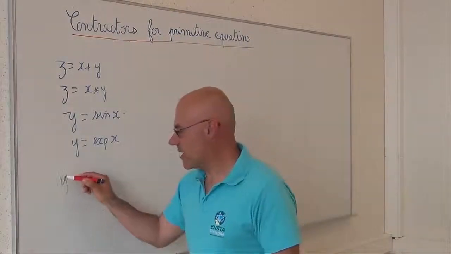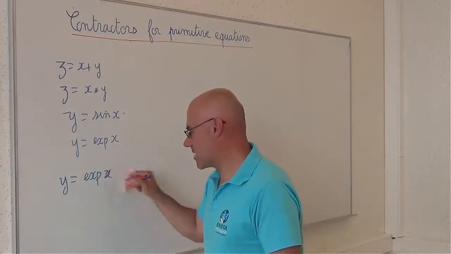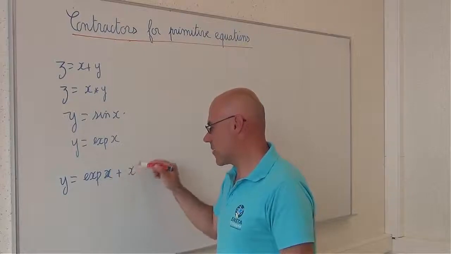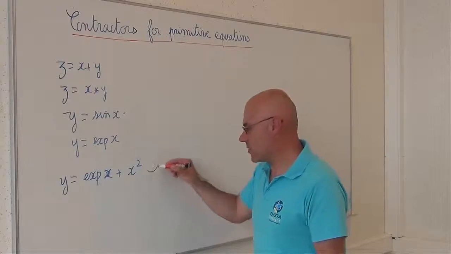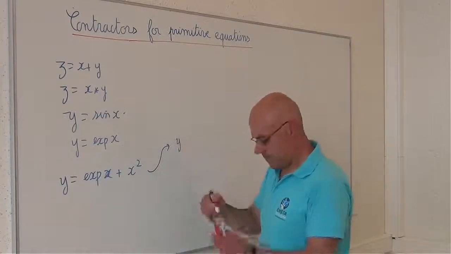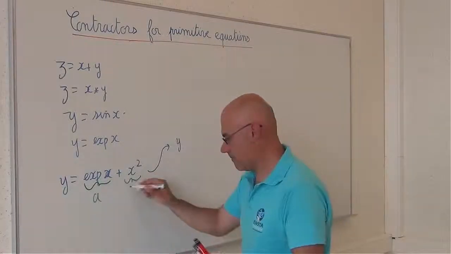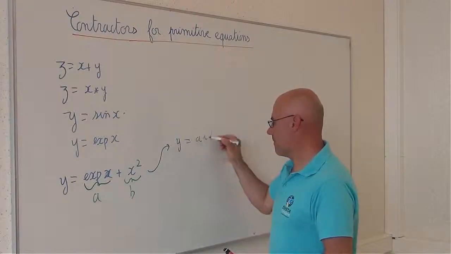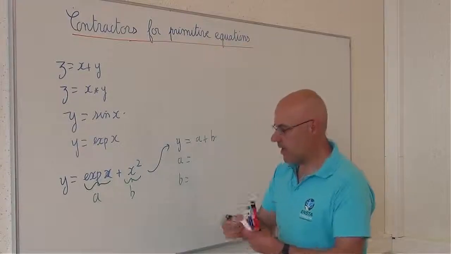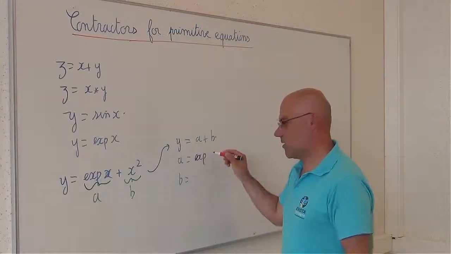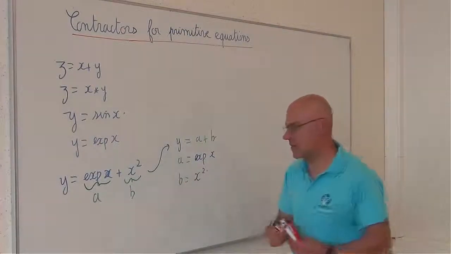For instance, if I take this one, exponential of x plus square x, this equation can be decomposed as follows: z equal to a plus b, with a equal to exponential of x and b equal to the square of x.